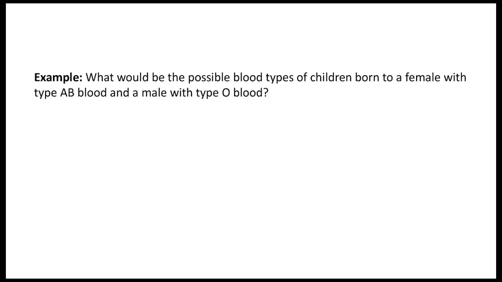So let's talk through an example here. What would be the possible blood types of children born to a female with AB blood and a male with O blood? Our cross is capital I capital A, capital I capital B, crossed with lowercase i, lowercase i.